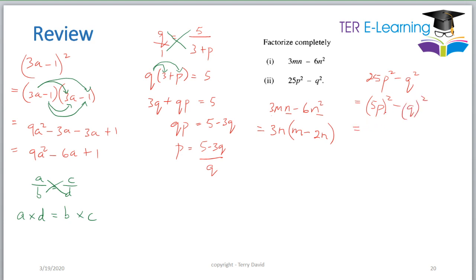And therefore when we factorize this, because this is the difference of 2 squares, it's going to be 5p plus q multiplied by 5p minus q. Alright, so you all need to make sure you know how we factorize the difference of 2 squares. A squared minus b squared can be written as a plus b multiplied by a minus b. Cool?